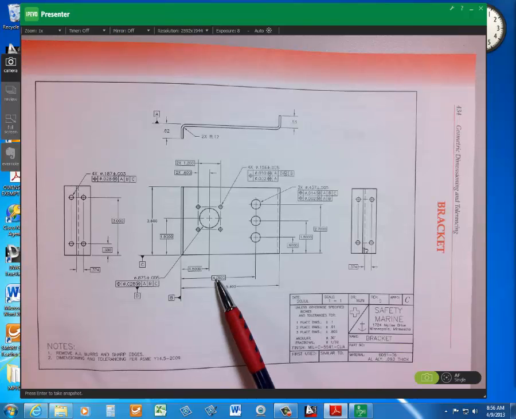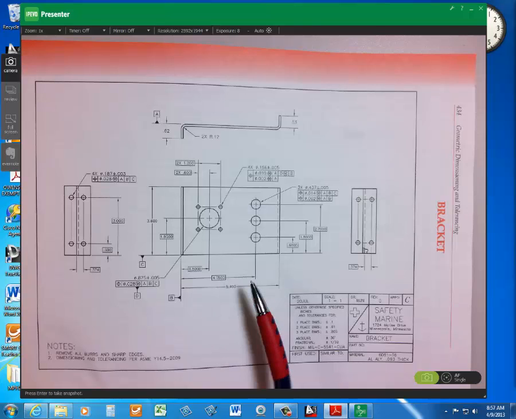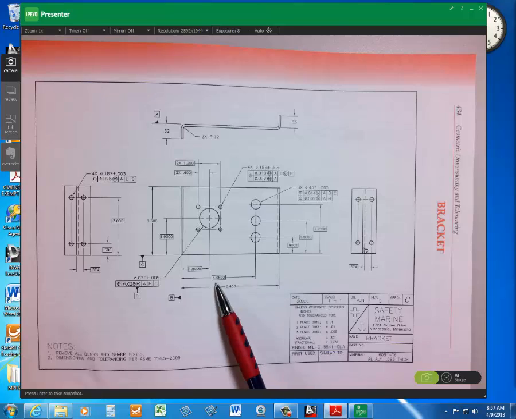These basic dimensions locate. And you notice, a lot of times the sample drawings that we have in the book are all nice perfect round whole numbers. So here on this actual part, it's important for this particular part that it's 4.05000.